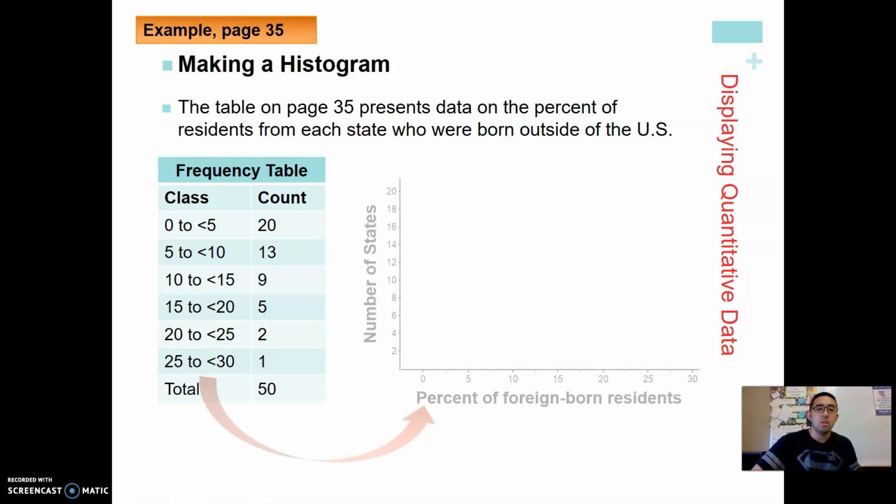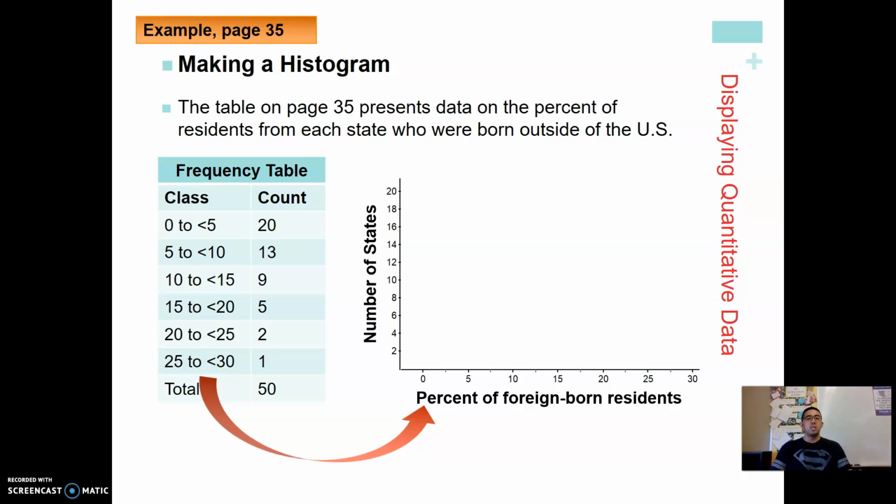So, as you can see, first we scale and label the axes. You'll notice the y-axis they labeled as number of states, because we're counting the number of states, right? And then the ranges are for 0 to 5% foreign-born residents, so 0 to 5, 5 to 10, 10 to 15, 15 to 20, 20 to 25, 25 to 30.